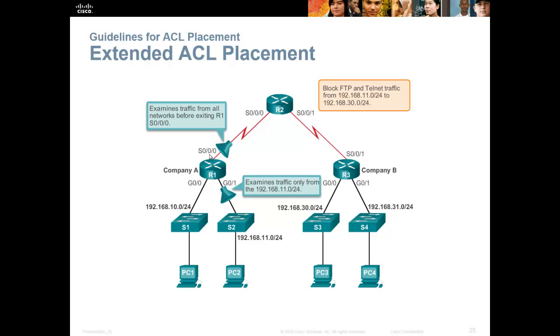If it's applied incoming on the gigabit interface, that traffic gets checked before it gets routed. So if it's FTP or Telnet, it just gets stopped right there and doesn't interfere with anything else. If I put it outgoing here, my router would have to make a routing decision, and it might block other stuff. So in the best case, you want to put it right there, incoming to R1.